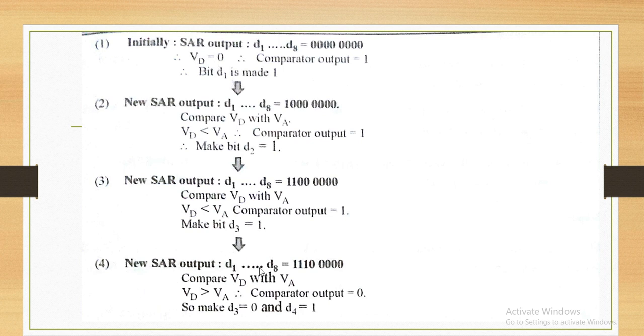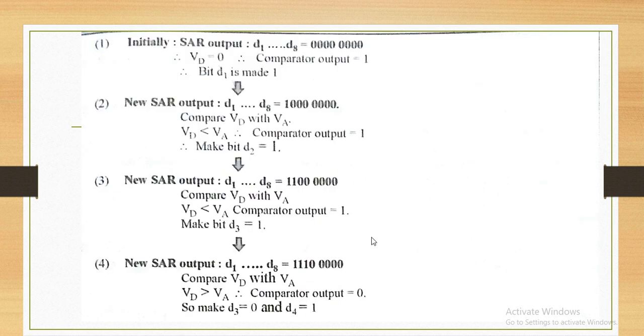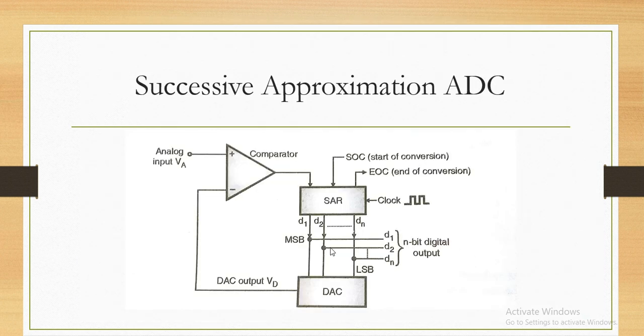Now suppose this code is generated by this successive approximation register, that is 1 1 1 0 0 0 0 0. For this particular code, this DAC will generate VD, and this VD is now compared with VA. Now suppose this VD that we have set with the help of SAR is greater than this VA.